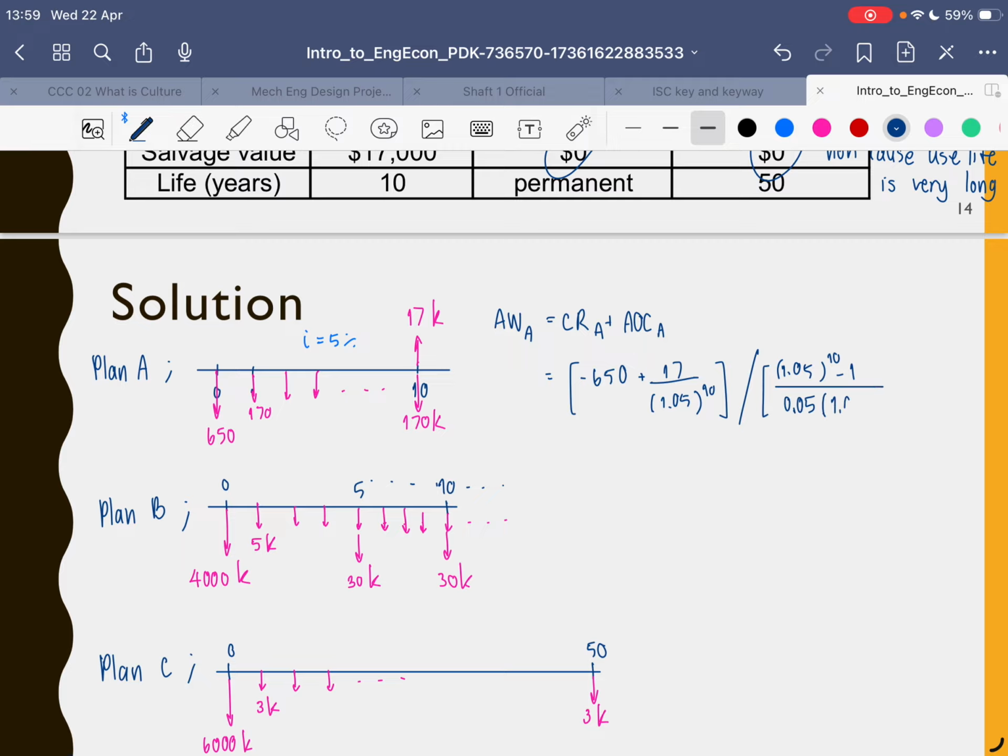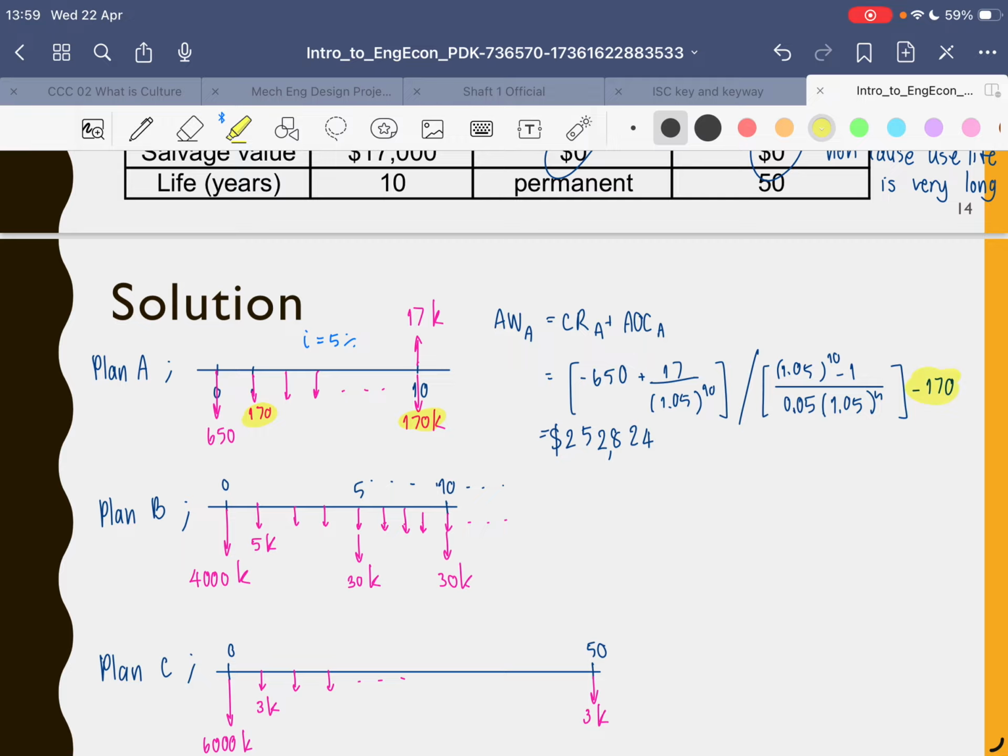That is equal to minus $252,824. Again, I calculate the capital recovery from the salvage value and initial investment, and this minus 170 is the annual operating cost that happens throughout the year.